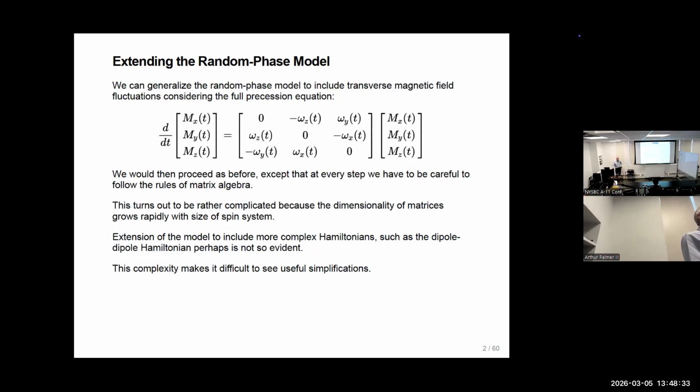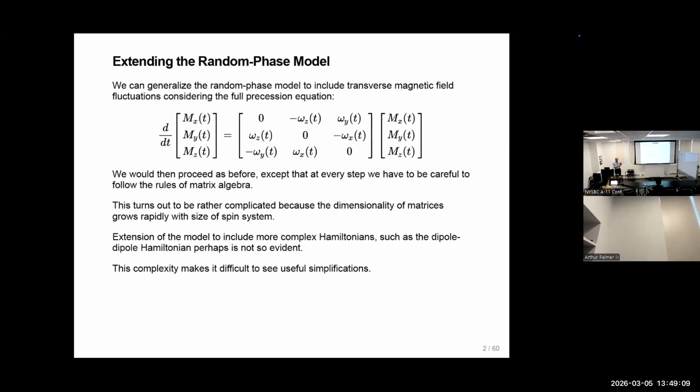So we could do the same thing. We could do everything that we did for the algebraic equation, except we have to keep the matrices around. And what's different about matrices than numbers when you do algebra? They don't commute with each other. So we would be doing the same thing, but the matrices don't commute, so we have to be very careful about order of operations.